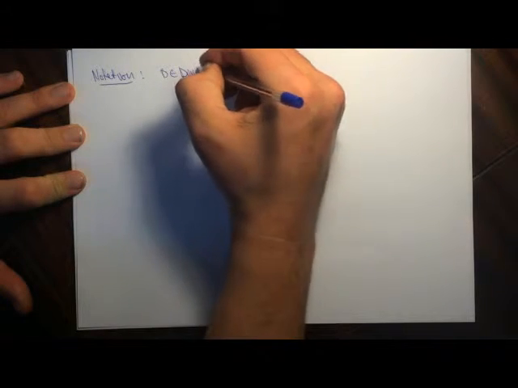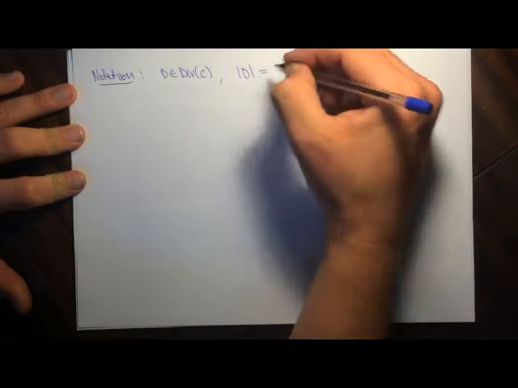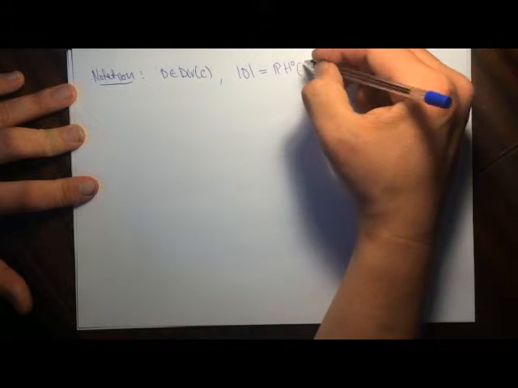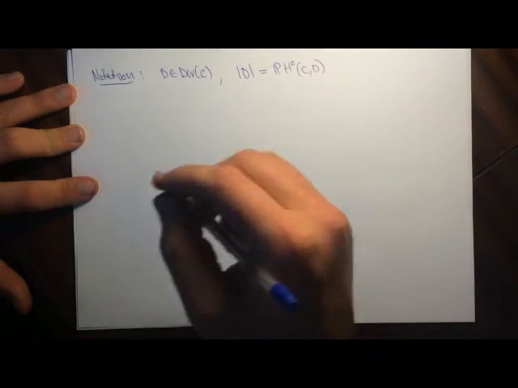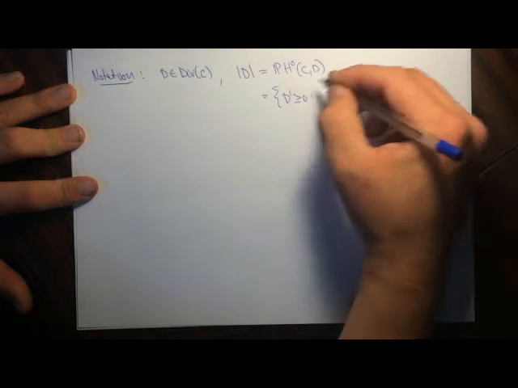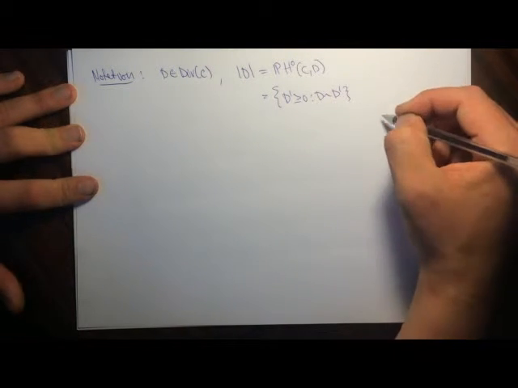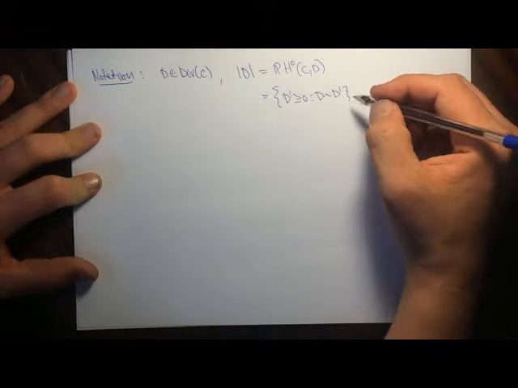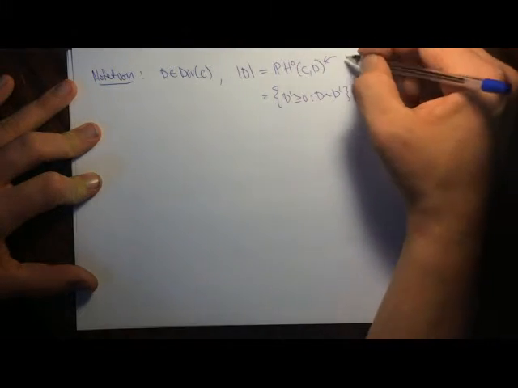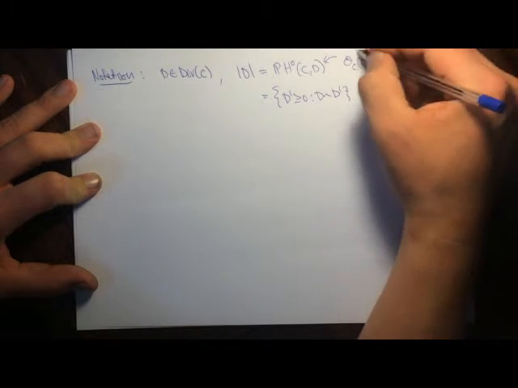D is going to be a divisor in C. And we're going to let this be the complete linear system, which can be identified with the projectivization of the global sections, or this is the effective divisors which are rationally equivalent to D. This is the same thing as global sections with poles at worst D along this divisor.